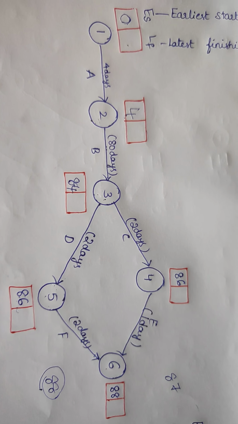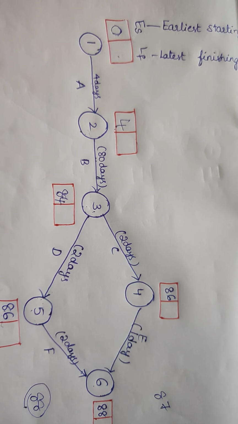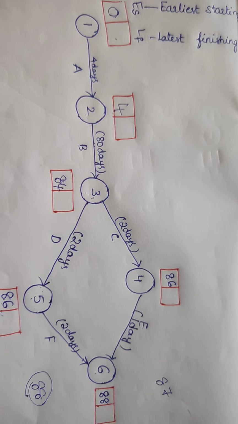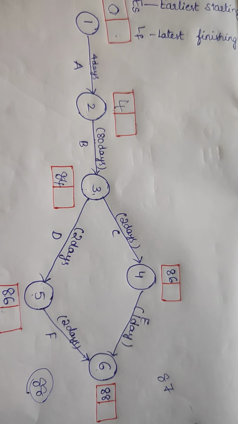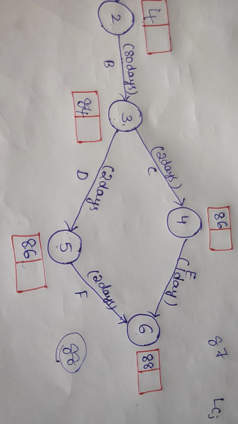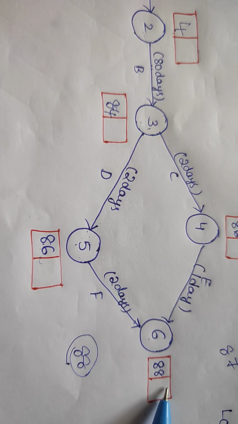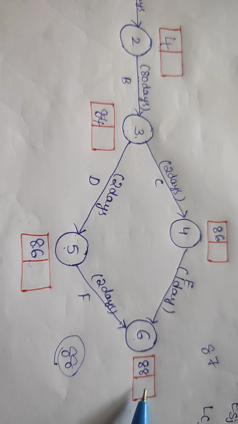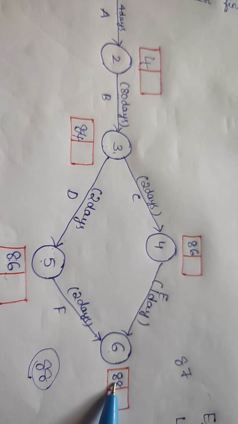Till now we have completed the forward path of the network diagram for calculating the earliest starting time. Next, we again go for the latest finishing time in backward. So the finishing value of each and every event in a network diagram is calculated the same way as the earliest starting time.